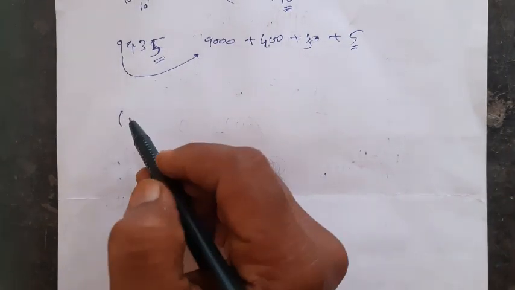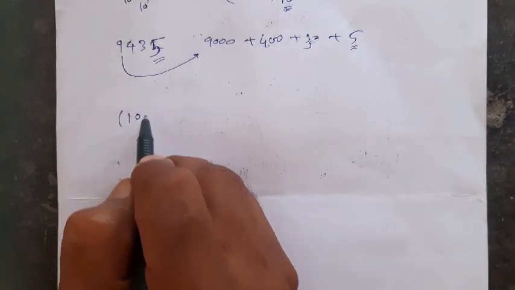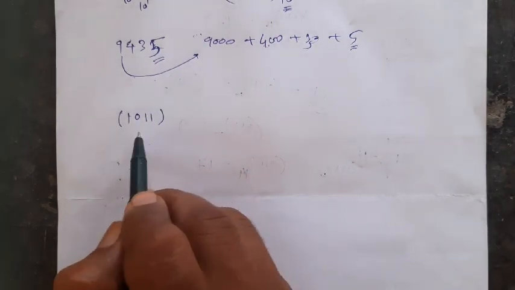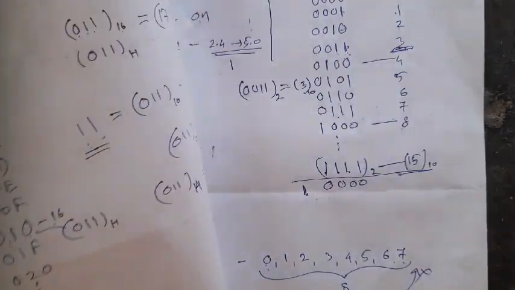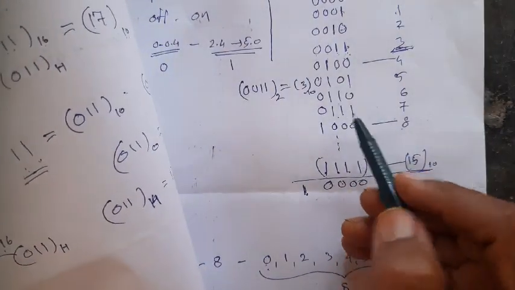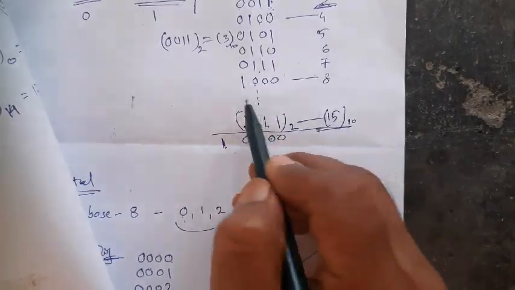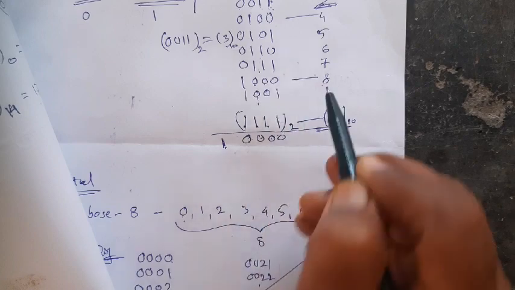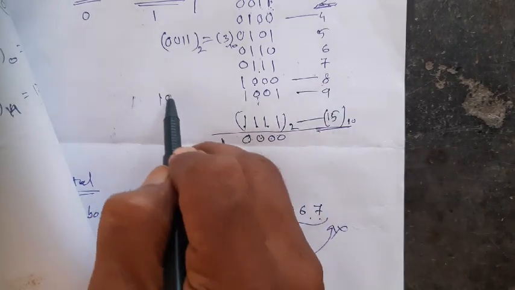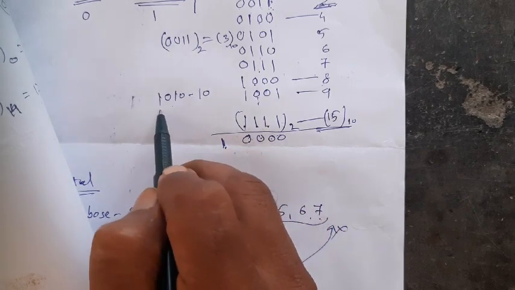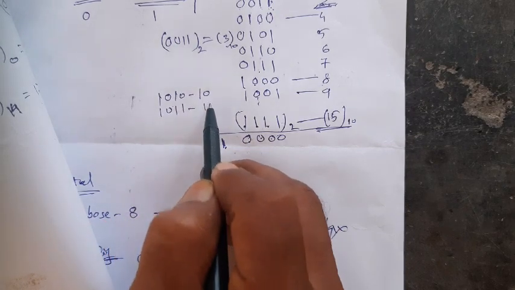Suppose we have the number 1011. I am considering only a 4-bit number because it is simple to compare with our previous situation. If I continue the sequence, 1000 is 8, then 1001 is 9, then 1010 is 10, and 1011 is 11.